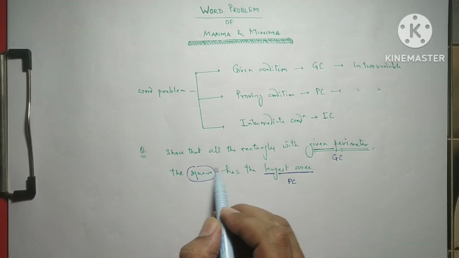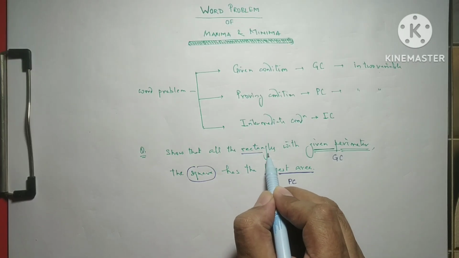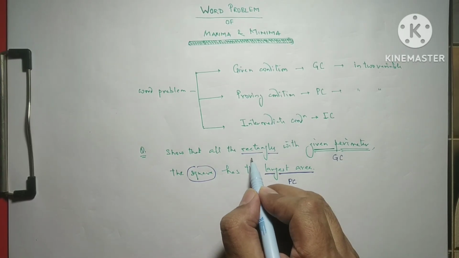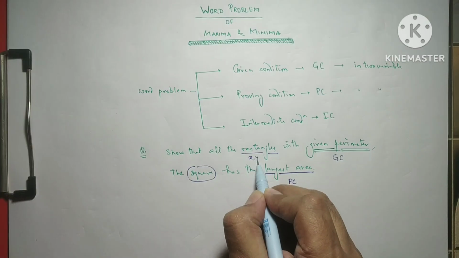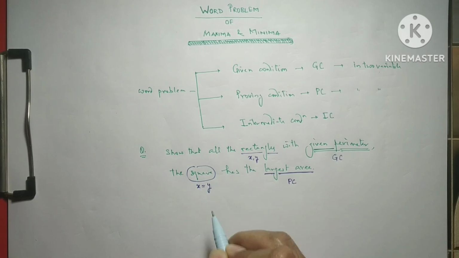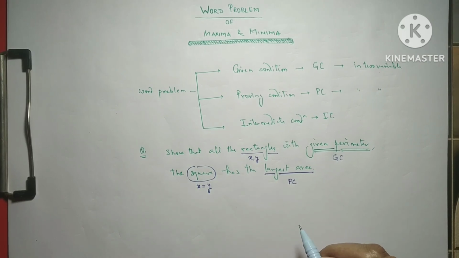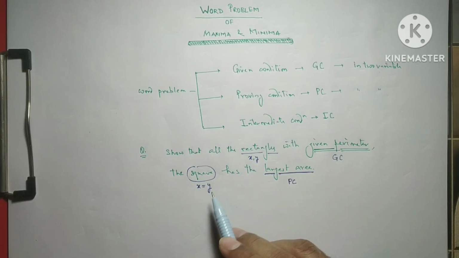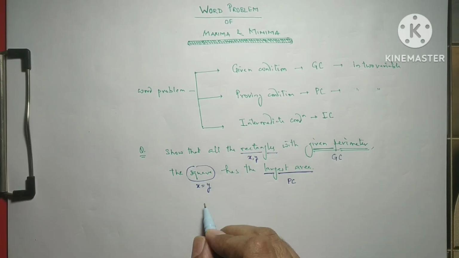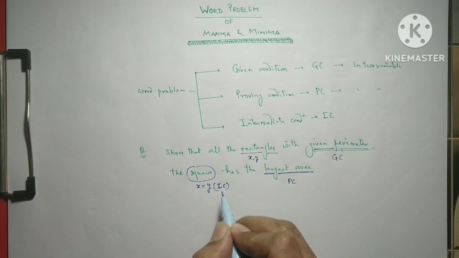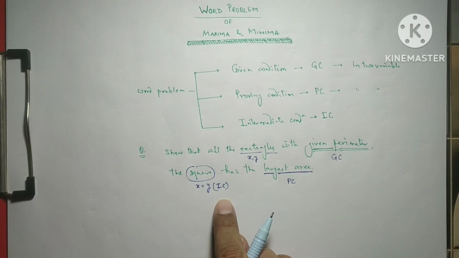A square shows if rectangle is a square, so condition is this: if we have dimension of rectangle x comma y, so this shows the intermediate condition. We want to show this x equals to y, means the dimensions of rectangle should be equal. So this is IC, intermediate condition. So these are three conditions.